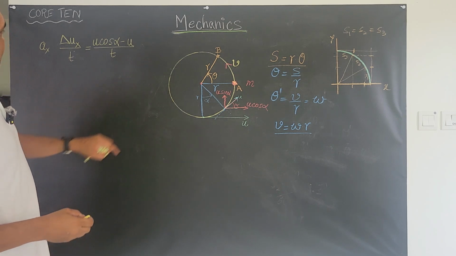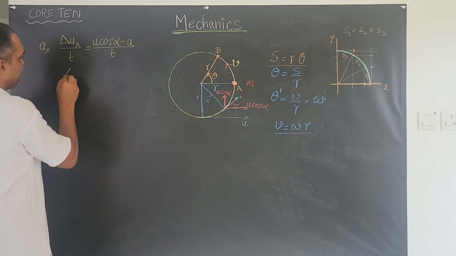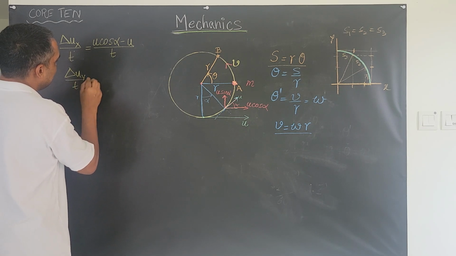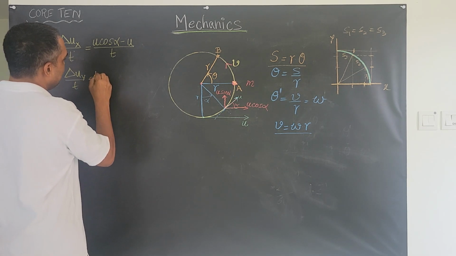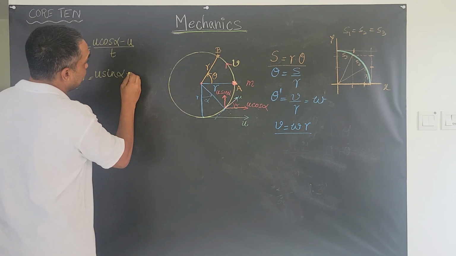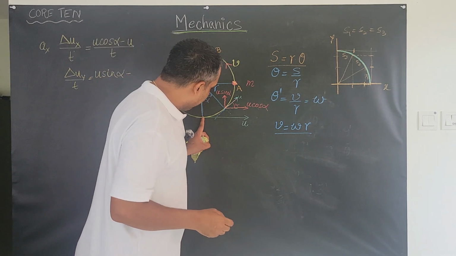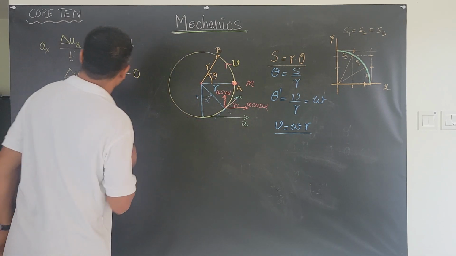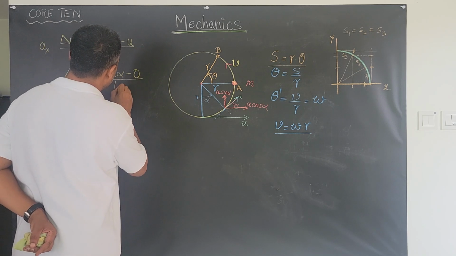And conversely, along the y-axis, delta u along the y-axis by time is nothing but u sine alpha minus, what is the component of u here along the y-axis? It's zero, because this is the axis, divided by time. This is ay.